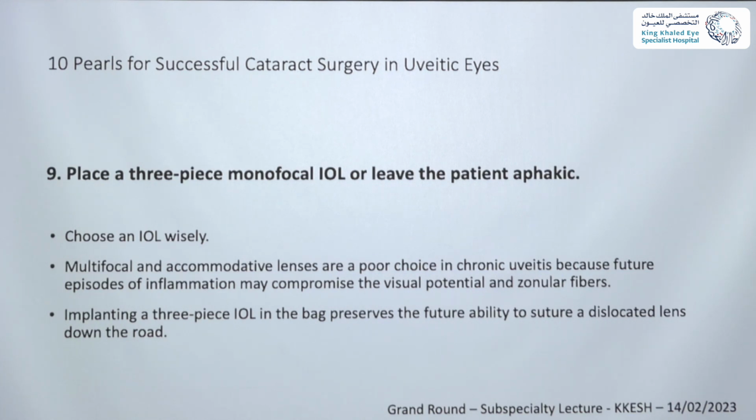Now, this article was suggesting to always avoid accommodative IOLs, and even toric IOLs. They will never settle in an eye that is vulnerable to inflammation. But use a 3-piece. They recommended the use of a 3-piece because even if it migrated at some point, it can be easily sutured into position later on. Okay?